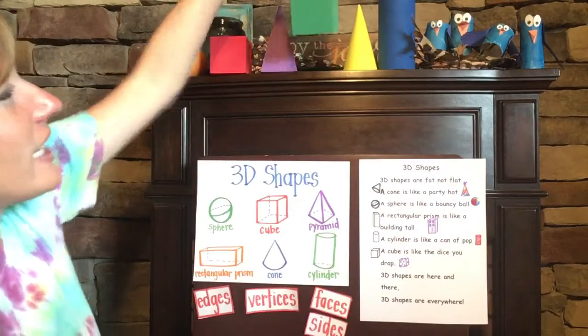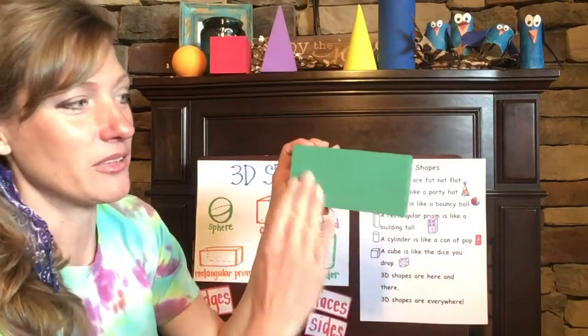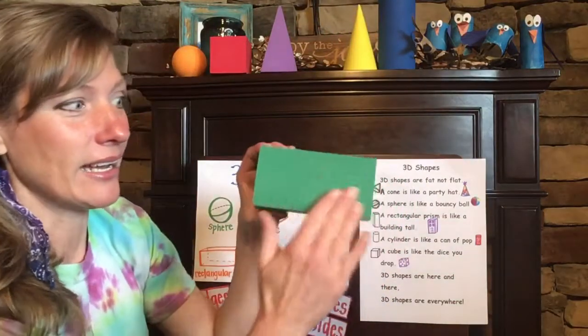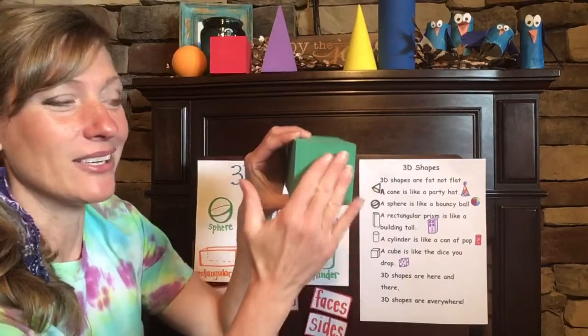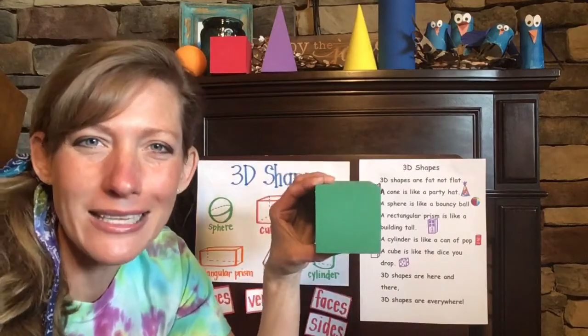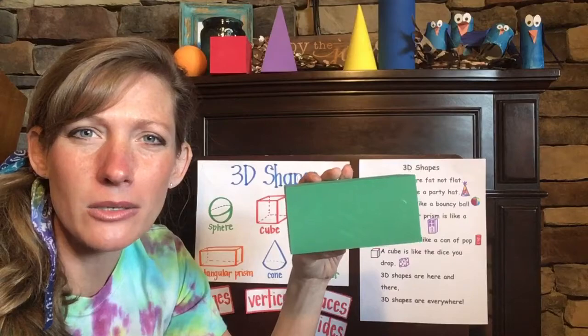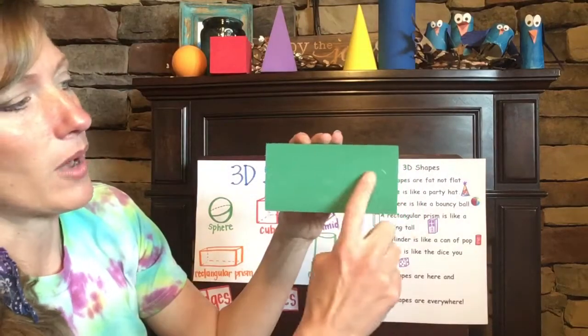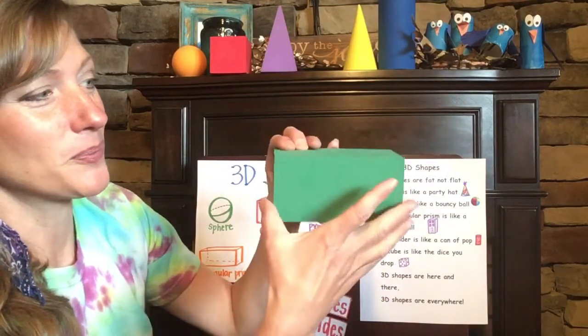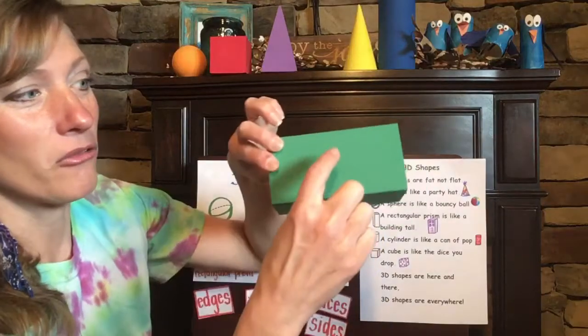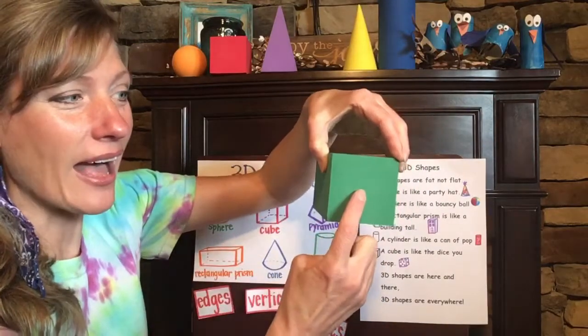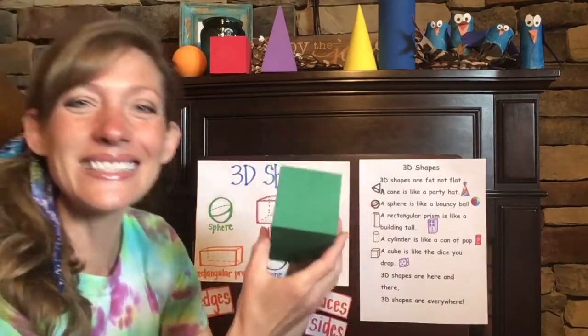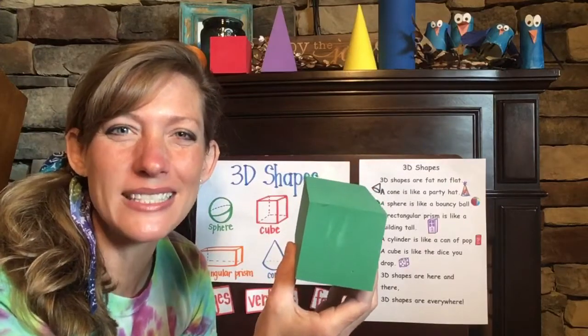If you look at a rectangular prism, here's a face, here's a face, here's another face. So how many faces are on a rectangular prism? Well, let's count them. 1, 2, 3, 4, 5, 6. Yeah, it's got 6 faces or 6 sides.